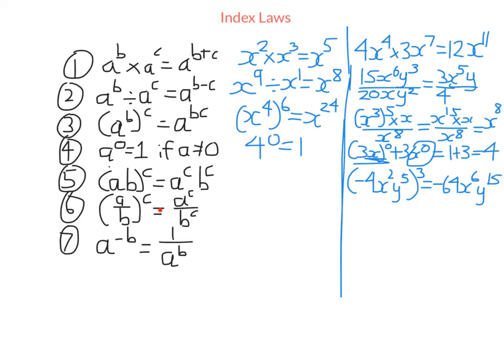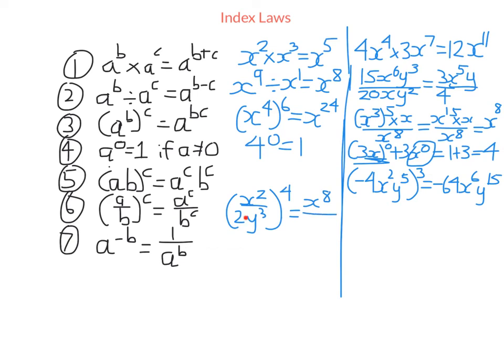So this one's pretty clear cut as well. If you have a fraction to a power, raise the numerator to that power and the denominator to that power. So let's say I have an expression like this. So I'm going to raise the top, the numerator to that power. So keep the same base. Power to a power, I'm using index law 3 again, keep the same base, multiply the powers.